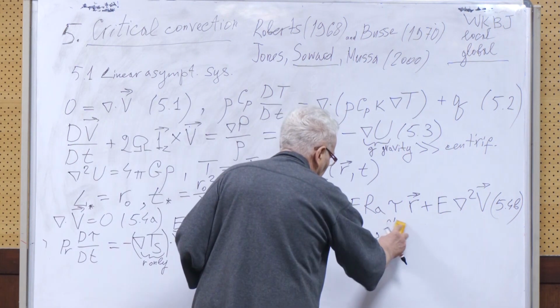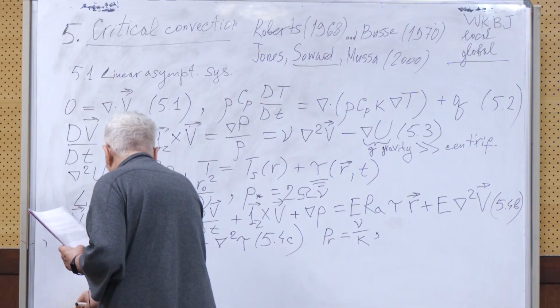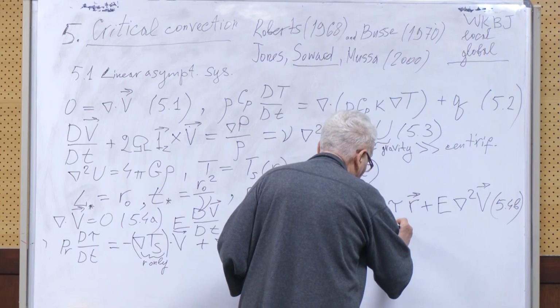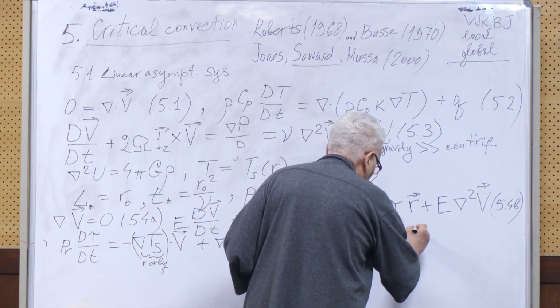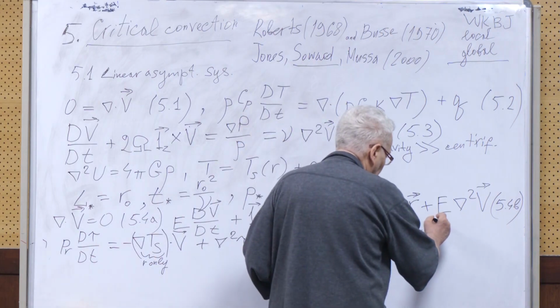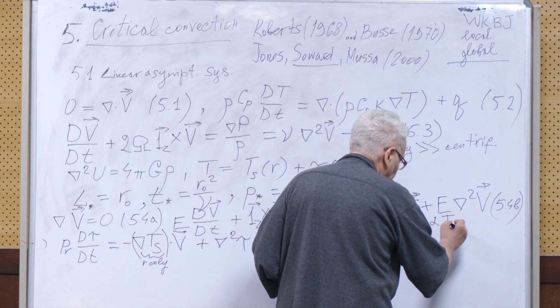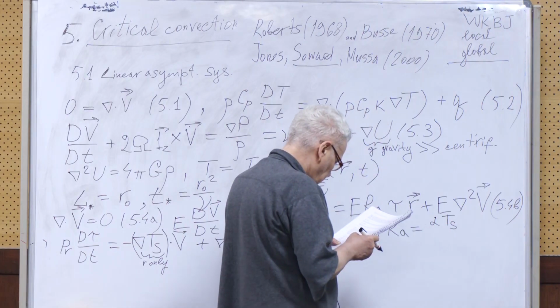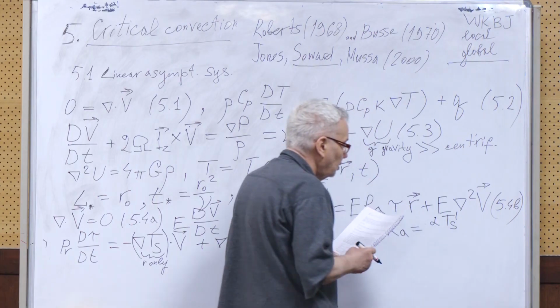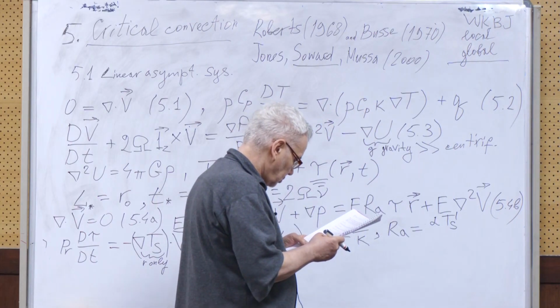Okay, maybe I was a bit in a hurry. So the next is the Rayleigh number, which is equal to alpha Ts prime, actually the derivative of this state.